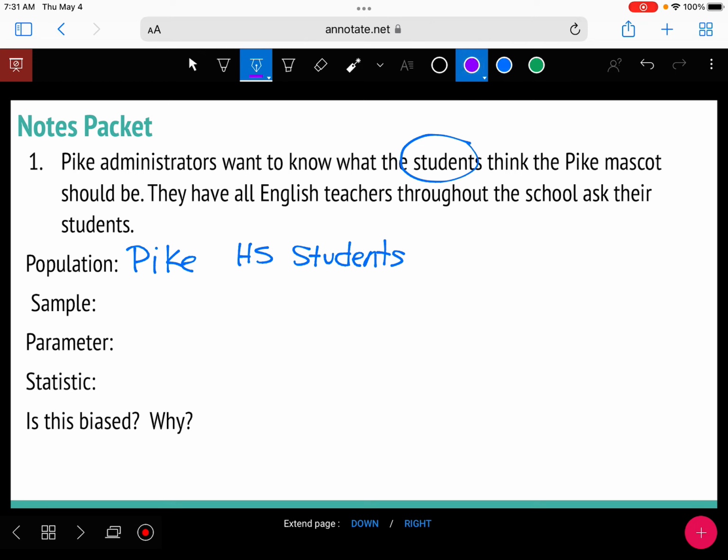What is the sample that they take? Not the mascot. It's what is the small group? What's the little group that they looked at? English students. Yeah, it's the students of these English teachers.